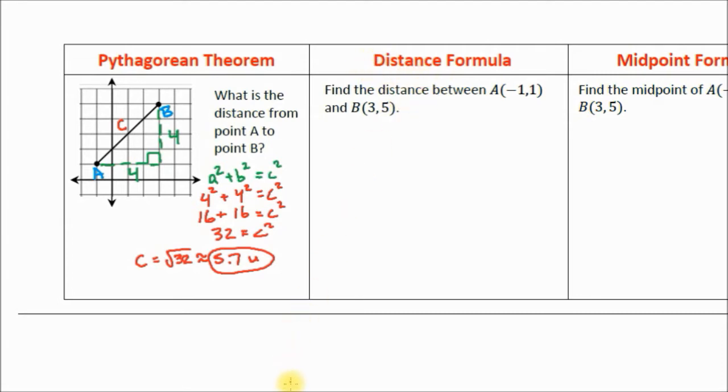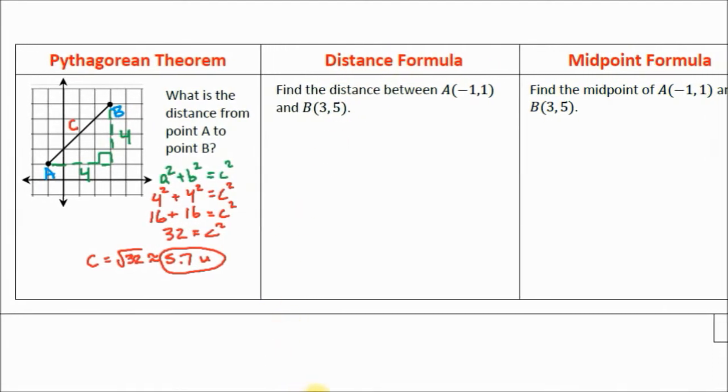Next one is distance formula. Find the distance between A, which is at -1, 1, and B, which is at 3, 5. So using the distance formula, if you recall, class, we're going to label the x and y values of each of these coordinates. I'm going to rewrite them here.